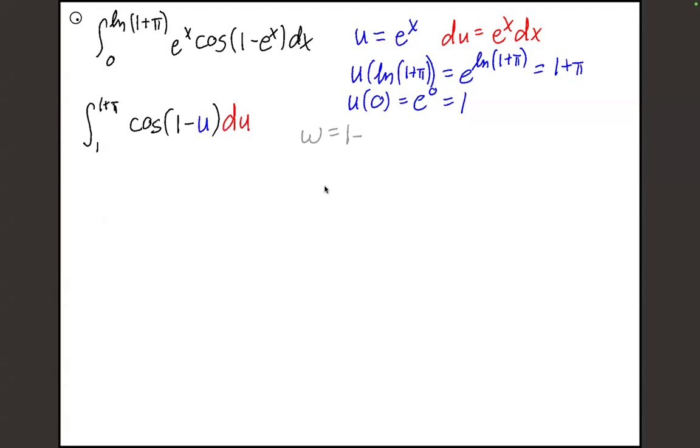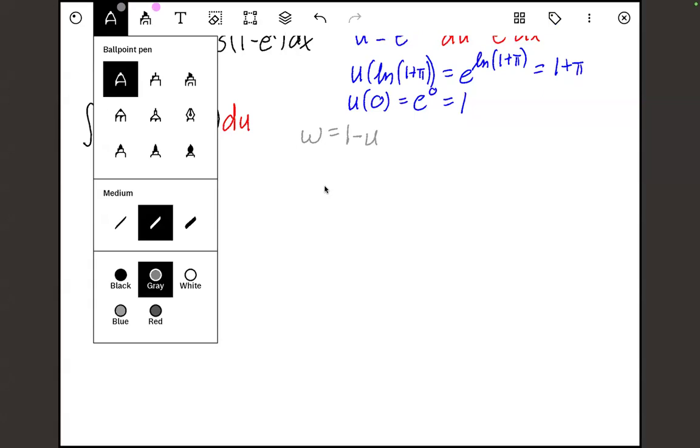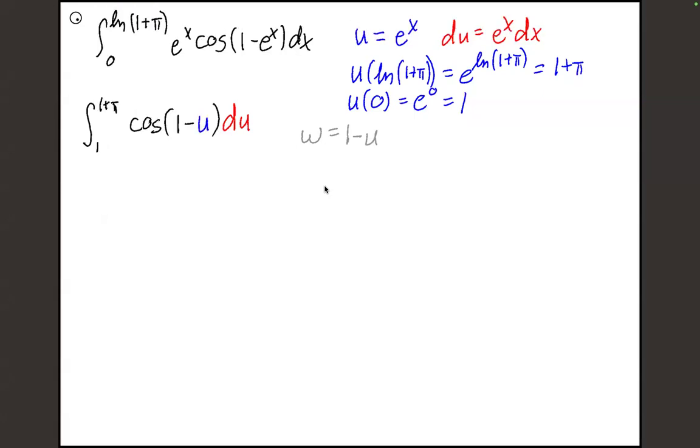W equals 1 minus u. Okay, and then if we wanted to stick with this color pattern, dW would then equal minus du, right? Because we're taking the derivative of this. This is a minus sign, so they're almost the same.